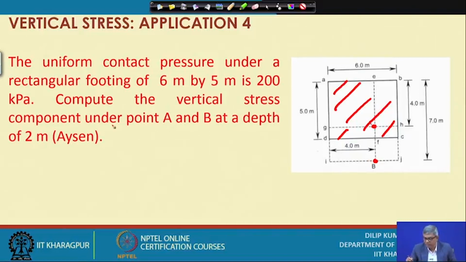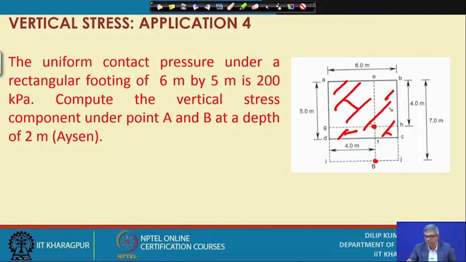For that, as I have shown while giving the procedure, through the point of interest we can draw lines parallel to the sides. So, we have drawn one line parallel to this side, and another line parallel to this side, passing through point A, and it divided the area into 4 parts. So, the effect of this part can be taken here, the effect of this here, this here, and this here.